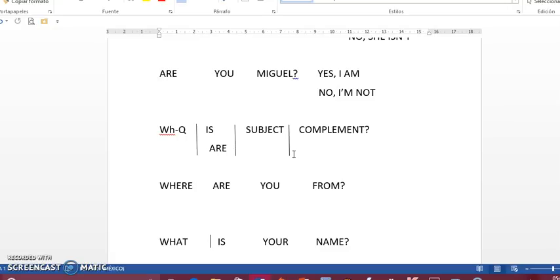For example, where are you from? My answer is going to be a place because I'm asking where, donde. My answer is from Santiago, for example. Santiago is a place. Or you can also say, I'm from Santiago, okay?